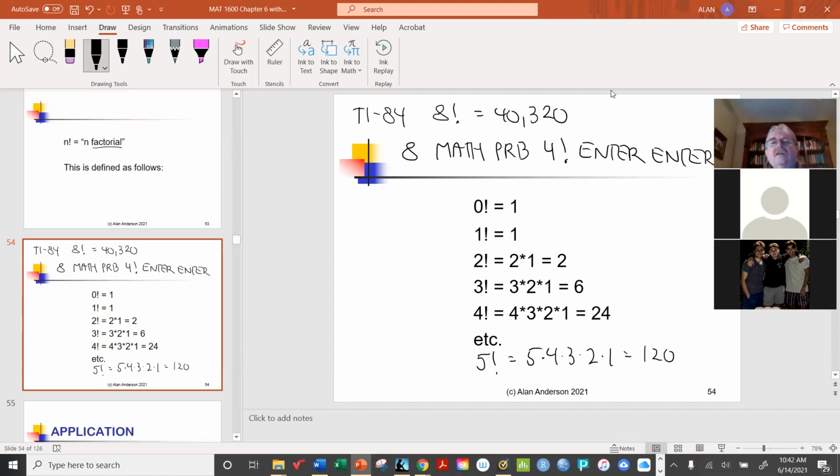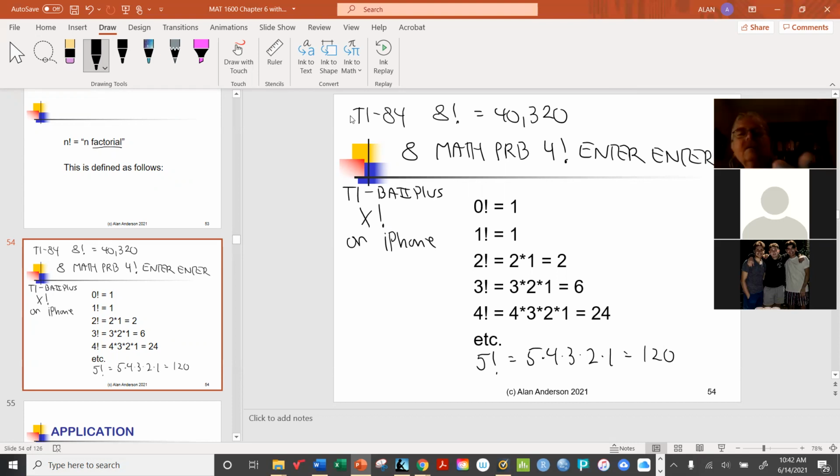Now, if you have a different calculator, a lot of those calculators do have this thing on there called X factorial, such as the Texas Instruments Business Analyst 2 Plus, if you have one. And also the iPhone has its own scientific calculator, which if you're using that, by the way, let me just show you. Oh, wait a minute, what happened there?